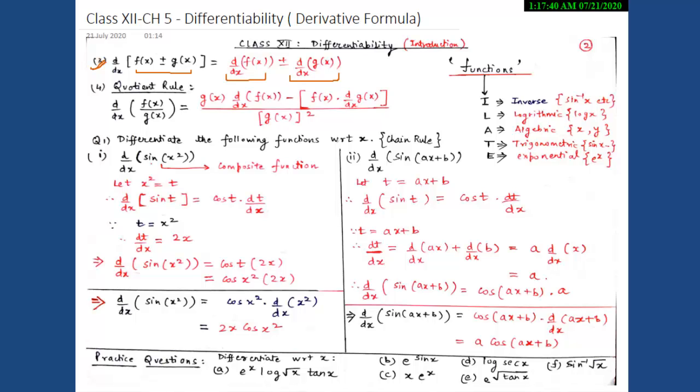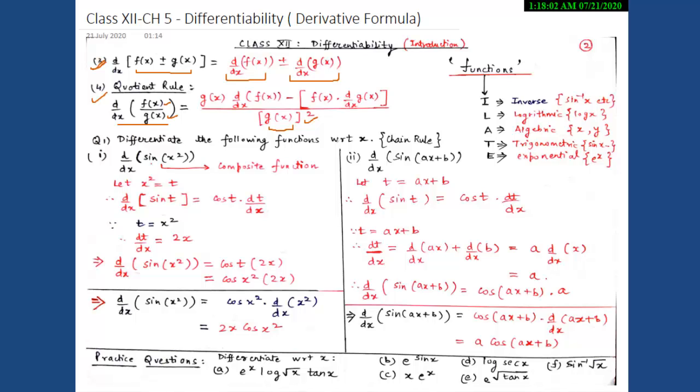And now our last algebra of derivative is quotient rule. So here students, we have two functions in a fraction, that is d by dx of f(x) upon g(x). In quotient rule, as you can see, in the denominator we have g(x). So first we will square the function which is in the denominator, that is g(x) whole square.